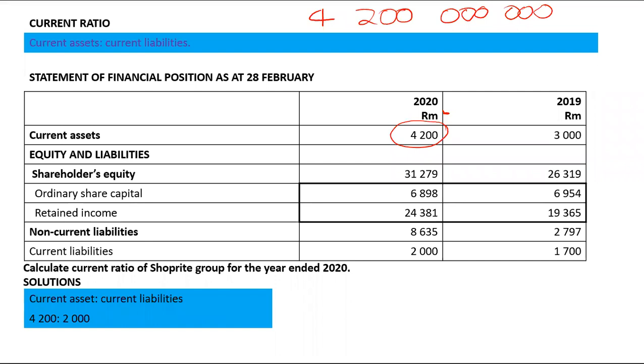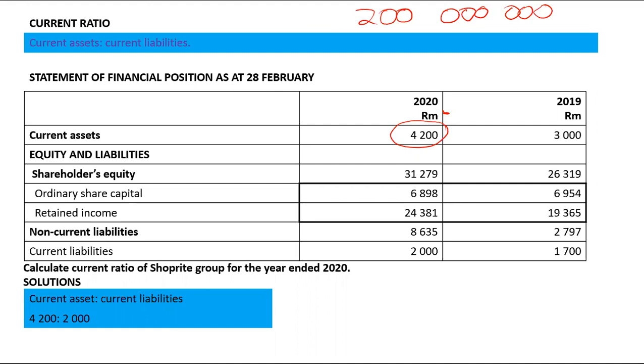On the liability side, you need to have 1. So what are we going to do to make sure we have 1 on the liability side? You divide by 2,000, on both sides.